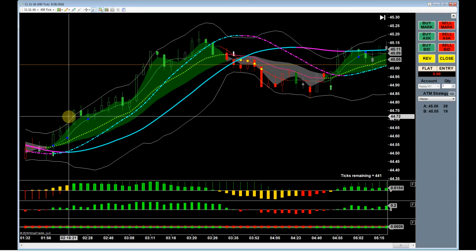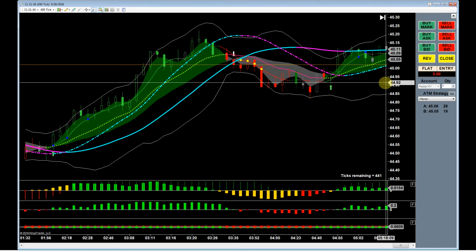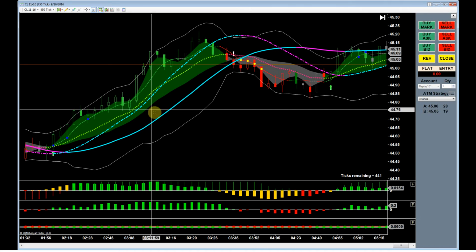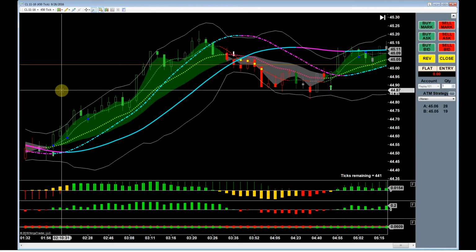Take 10 ticks, put a $100 bill in your pocket per contract, per one contract on crude. It's $10 a tick. Put a $100 bill in your pocket and be very happy, because on this day, 9/26, which will be starting just at the other end of the screen at approximately 5:45 my time, there were 1, 2, 3, 4, 5, 6, 7, 8 winning trades and one stopped out.